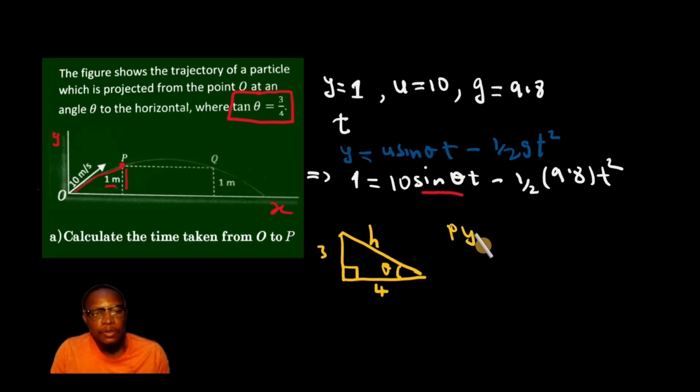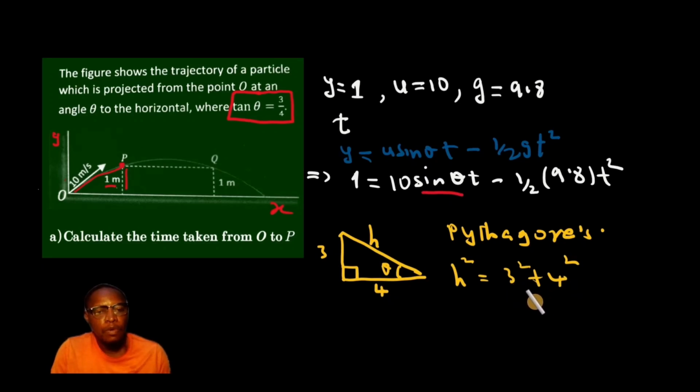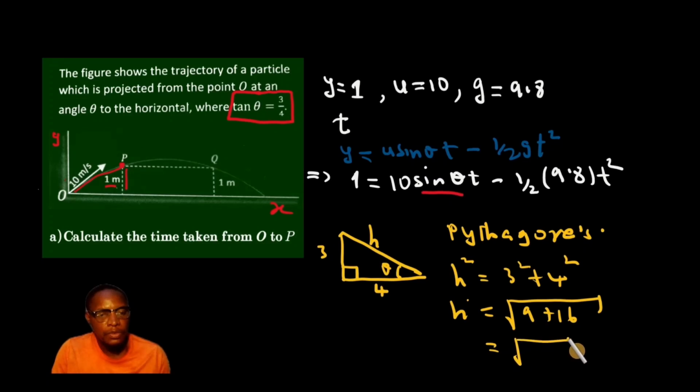The hypotenuse can be gotten from Pythagoras' theorem. The hypotenuse squared equals 3 squared plus 4 squared, the sum of the squares of the other sides. So h equals the square root of 9 plus 16, which is the square root of 25, so the hypotenuse is 5.